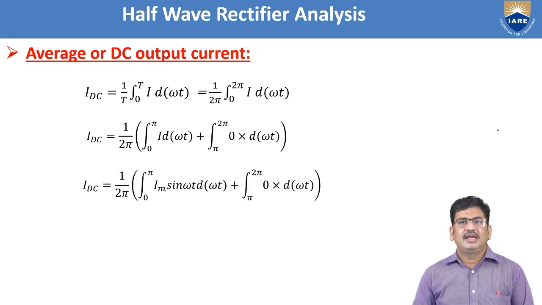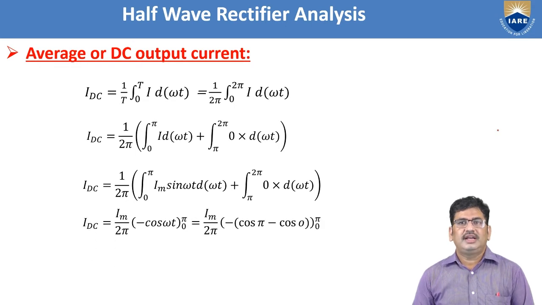In the duration 0 to pi, the current expression is i = Im sin omega t, so we get integral 0 to pi of Im sin omega t d omega t. However, the current from pi to 2 pi is 0, so we get plus integral pi to 2 pi of 0 into d omega t.